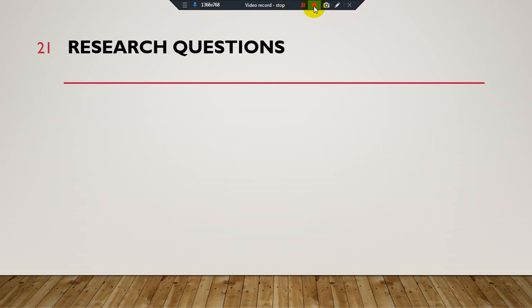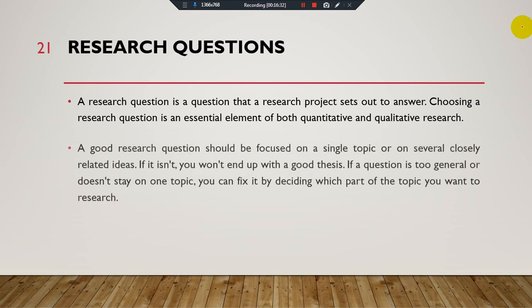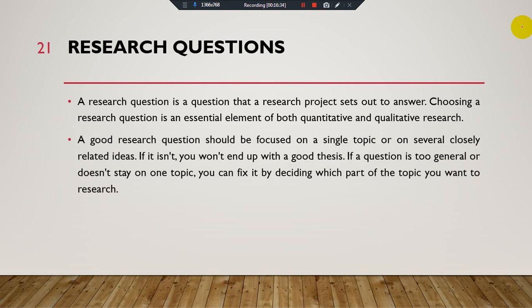Research question. Okay, a research question is a question that a research project sets out to answer. Choosing a research question is an essential element for both quantitative and qualitative research. A good research question should be focused on a single topic or several closely related ideas, but if it is not, you would not end up with a good thesis.